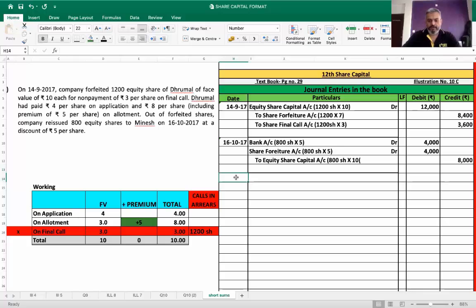Now, on 16/10/2017, we will transfer the balance of share forfeiture account to capital reserve. So let's write the entry. Share forfeiture account, debit, to capital reserve account.